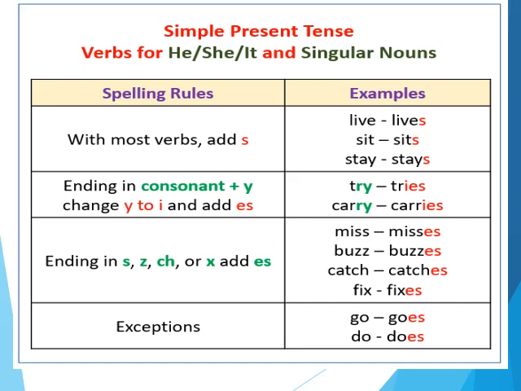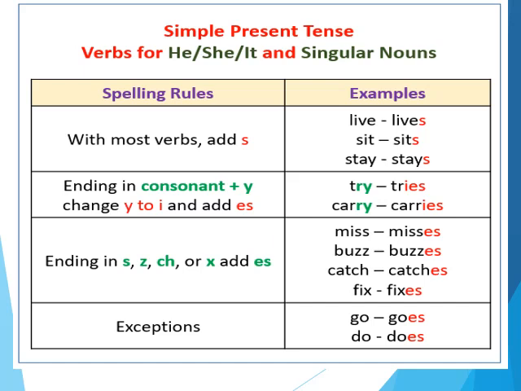Now for the next. We add ES to the verbs ending with S, Z, CH or X. Example, Miss, Misses. The ending word is S. So we add ES and write it as Misses, M-I-S-S-E-S. Buzz, B-U-Z-Z-E-S. Catch, catches.